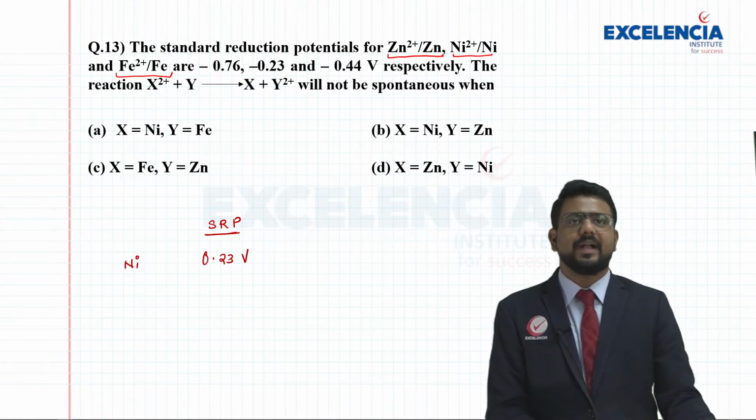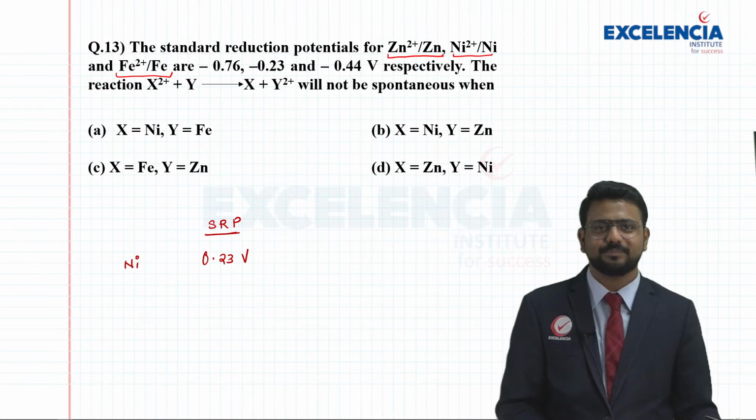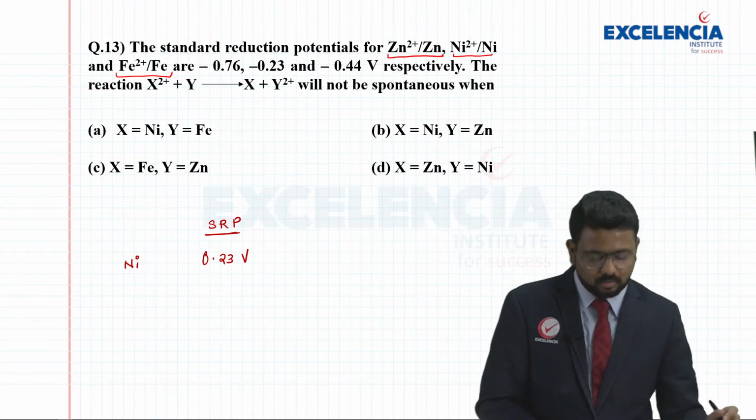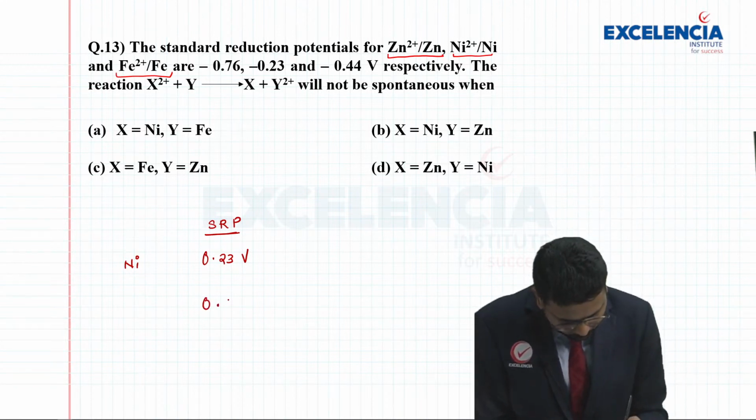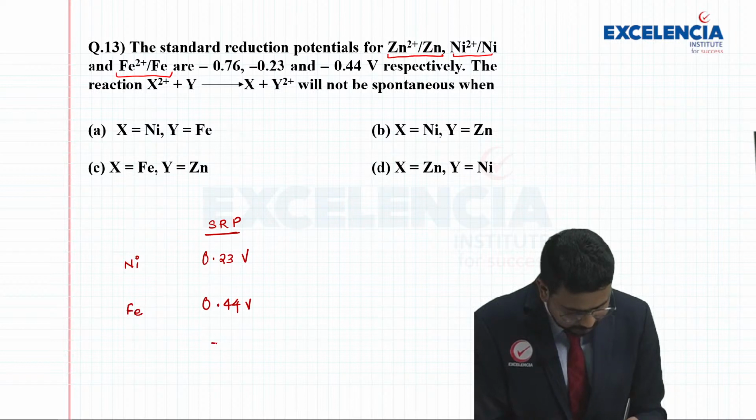What does that mean is Ni2 plus ions will have maximum tendency to get reduced. Now after this obviously you are having negative 0.44 volts, this is basically for Fe, and finally you are having for Zn, this is also negative, negative 0.76 volts, this is for Zn.